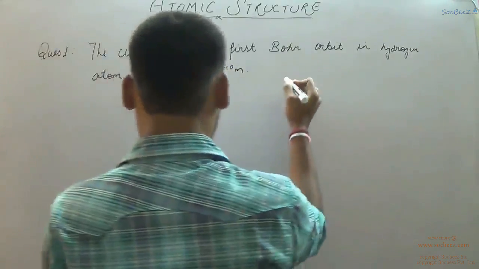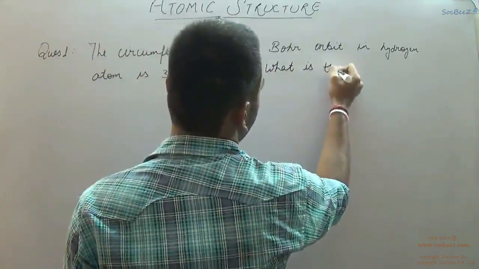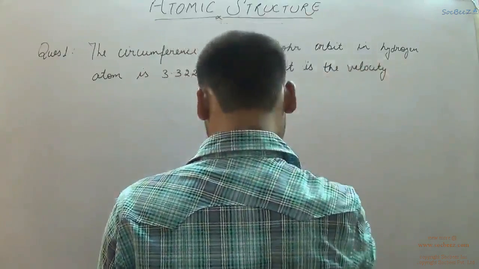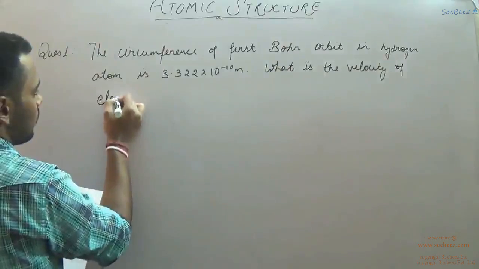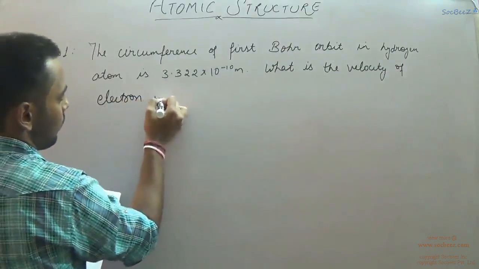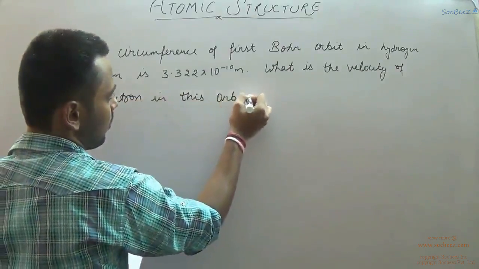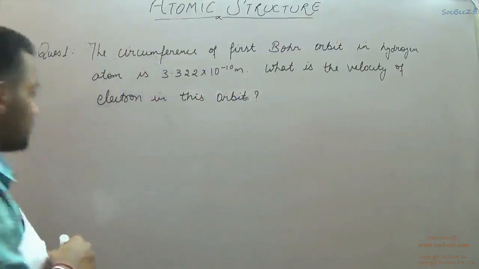What is the velocity of an electron in this orbit?